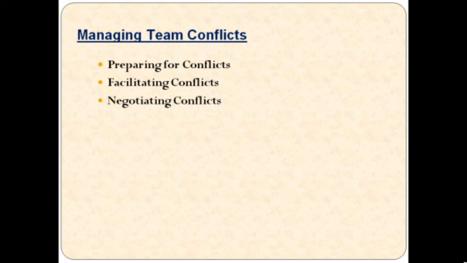A win-lose perspective is based on the belief that what is good for one side is incompatible with what is good for the other. With a win-win perspective, participants believe a solution that satisfies both sides is possible.